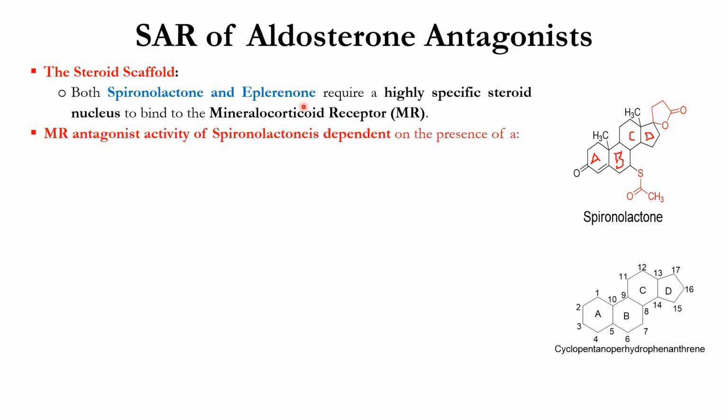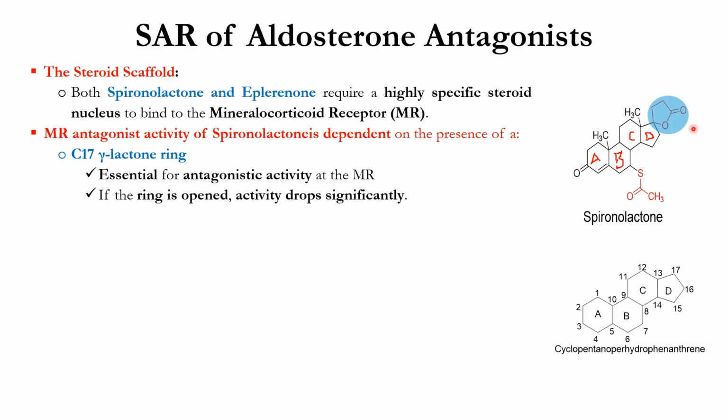The mineralocorticoid receptor antagonist activity of the spironolactones depends on the presence of two important structures. One is at carbon 17, here is carbon 17, which contains a gamma lactone ring system. This is essential for the antagonist activity of the drug. But if you open the ring of the gamma lactone system, the activity is lost.